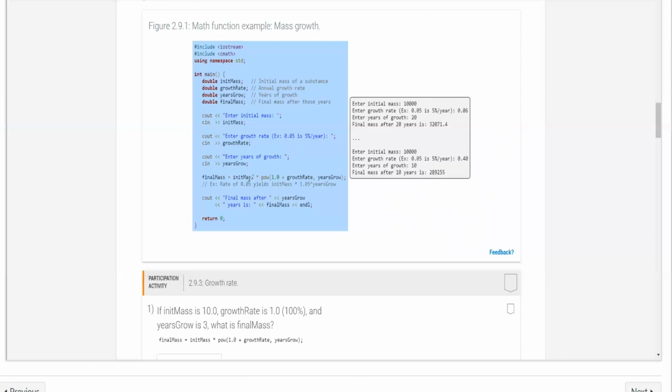The final mass you calculate, so this is what the calculation is. You pick the first value, the growth rate on that, and then you power it by the year. So each year it will grow by the power of it. That means it's bigger this much the first time, and then next time it will grow out of this height, right?